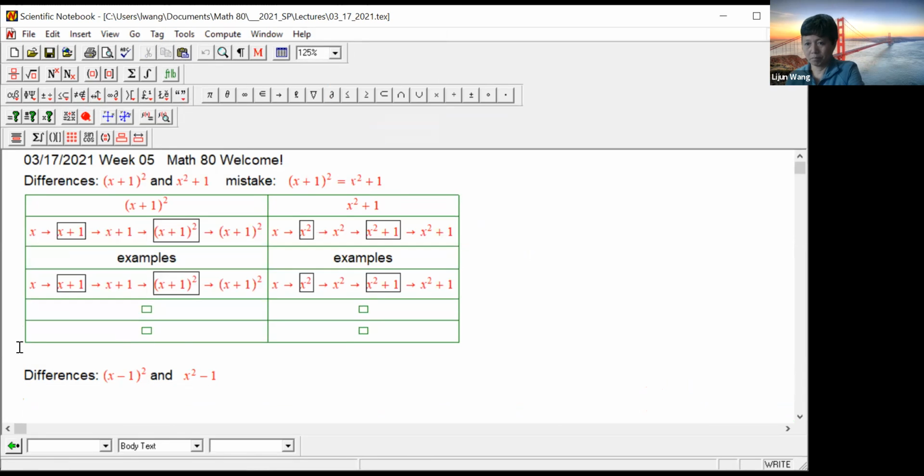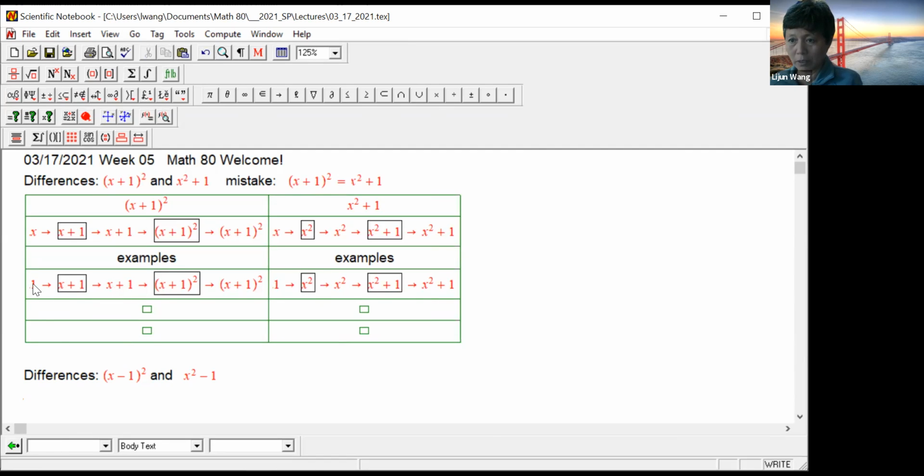I'm going to give you the same input, and you're going to produce the output. So you're going to plug in here, and you're going to plug in here, and you come back to tell me if you get the same output. You know what to do?